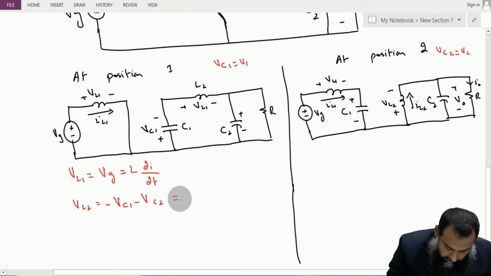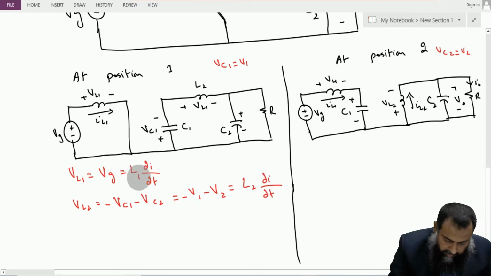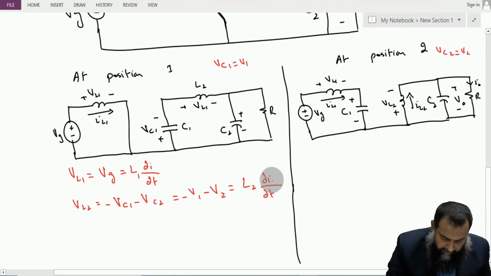So that becomes equal to minus V1 minus V2, and that is equal to L2 di by dt. This is L1 di over dt, and this is L2 di over dt. We can also write it as di2 over dt, but nevertheless it is giving us the concepts here.